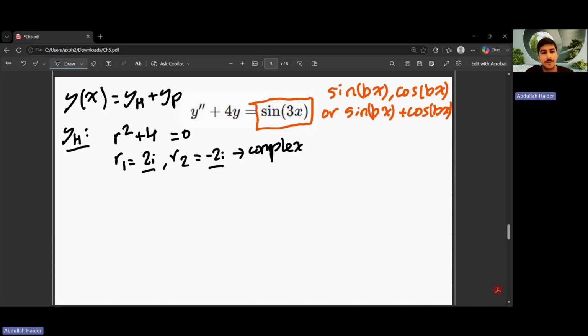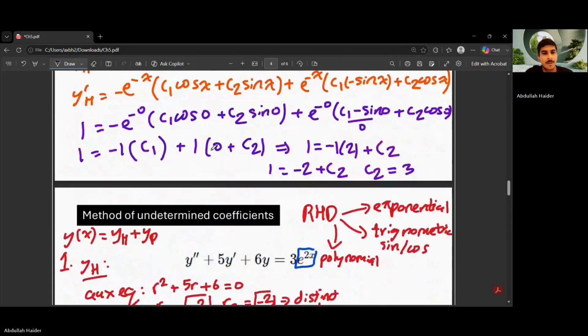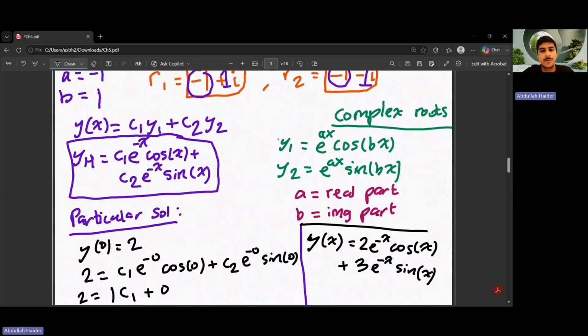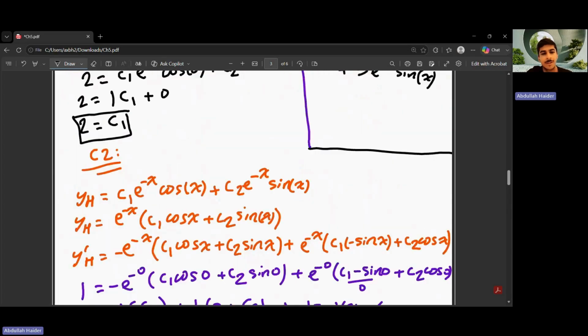And before we discussed that if we have complex roots, our y1 is going to be e power ax cosine bx, and our y2 is going to be e power ax sine bx, where a is the real part and b is the imaginary part.